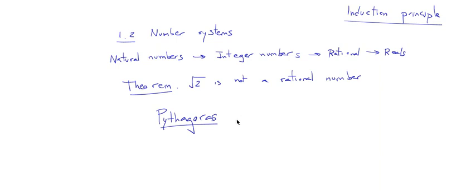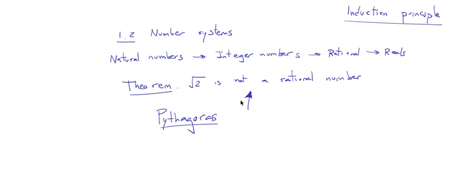Everything was beautiful because of the rational numbers, and they believed that everything could be explained by them. Well, the legend says that a follower of Pythagoras proved this. He said, wait a minute, I found a number, the square root of 2, that is not a rational number.